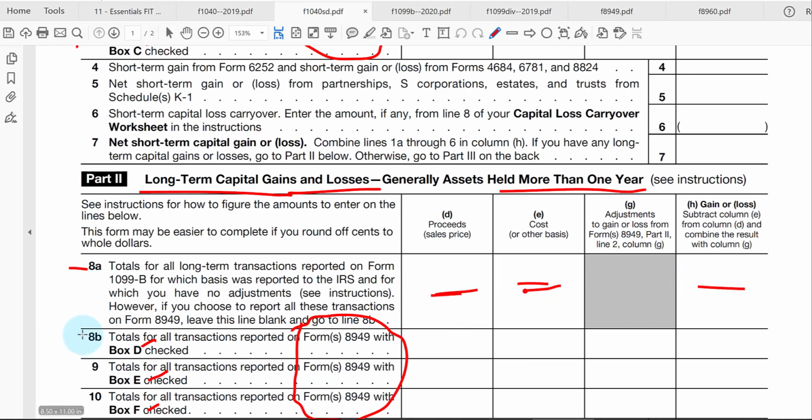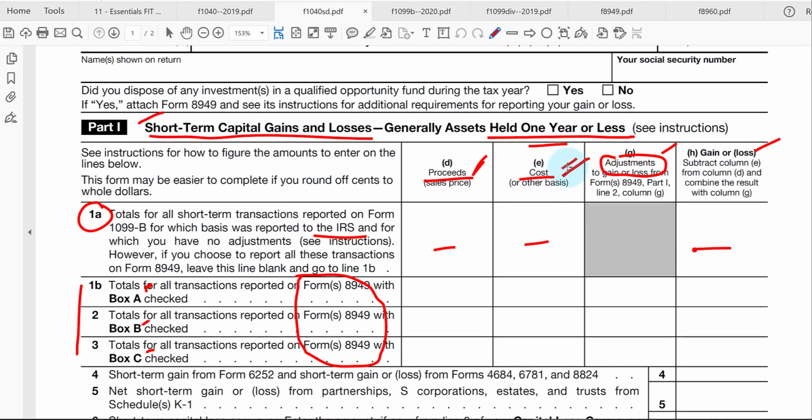You've got to use the more detailed reporting. Again, the typical situation is where the cost basis is not reported to the IRS, or there's some type of adjustment to be made. Then you've got to start using the ABC and the DEF boxes.